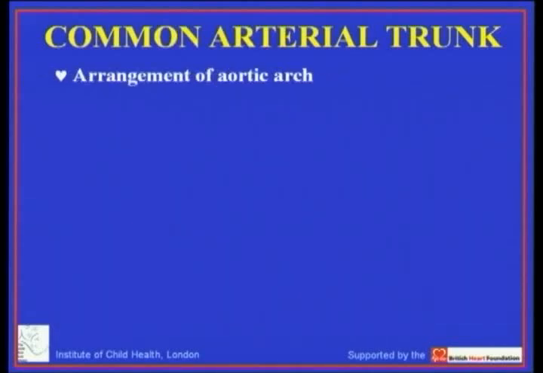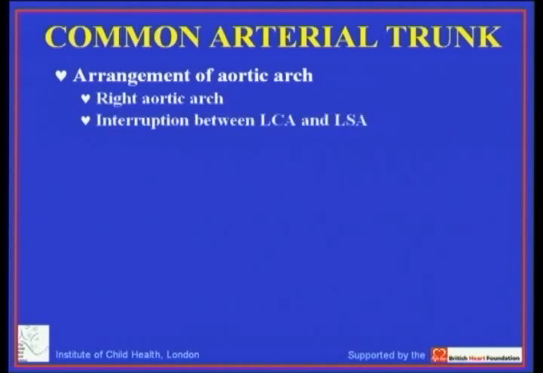But in a proportion of cases, probably 10% of autopsy series, the atrial septum is seen to be intact. The aortic arch is right-sided, and indeed it is tetralogy of Fallot and common arterial trunk that make up almost all the cases of those with congenital malformations having a right aortic arch.